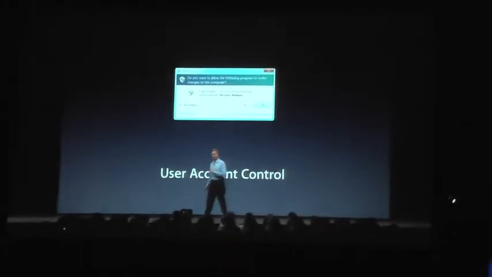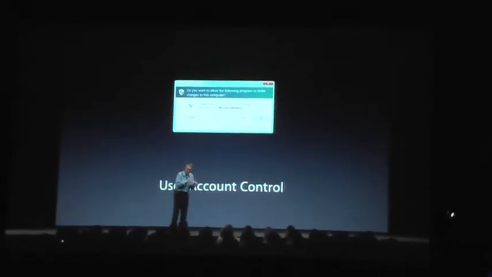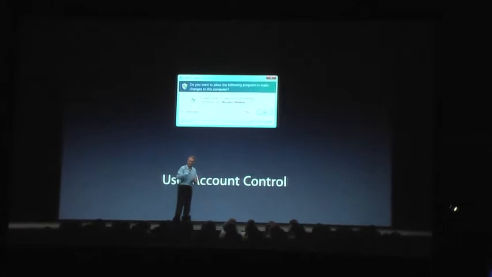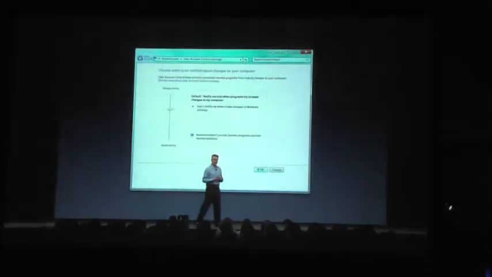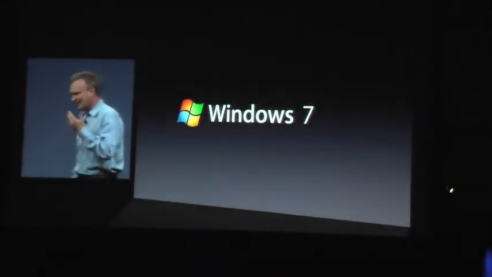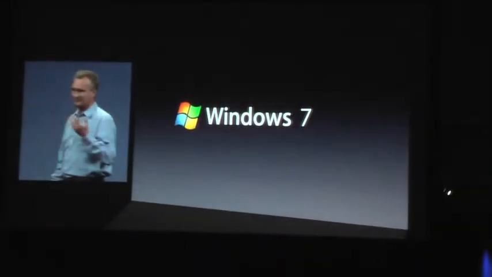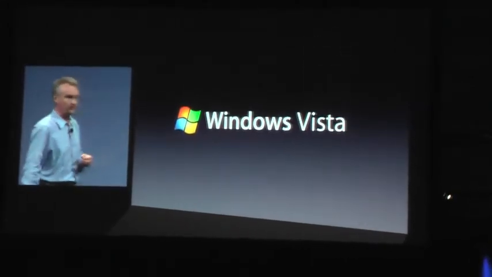The user account control, that's the security subsystem that prevents your PC from being infested at the cost of tons of alerts. And in Windows 7, to address the alerts problem, even more complexity is thrown upon the user. So that's Windows 7, same old technology as Vista. Fundamentally, it's just another version of Vista.